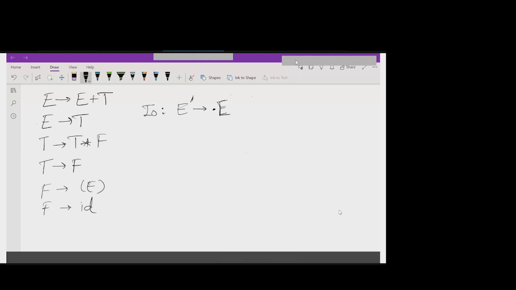Now what this dot symbol is: after the dot, if a non-terminal symbol is there, then whatever productions you have starting with this non-terminal symbol, you have to include all those productions, right? So here this dot is important. This dot means you have to traverse it starting from here to here.